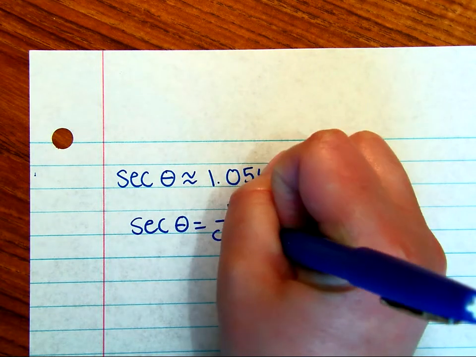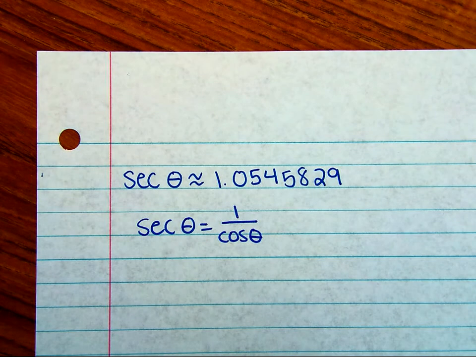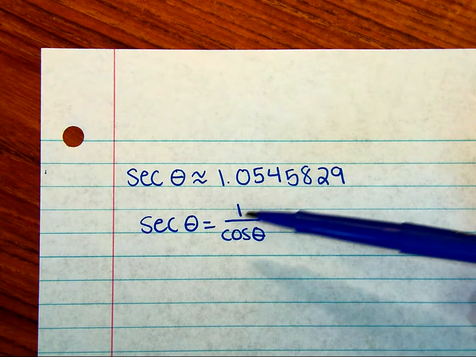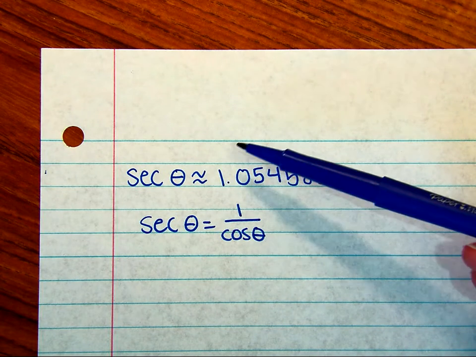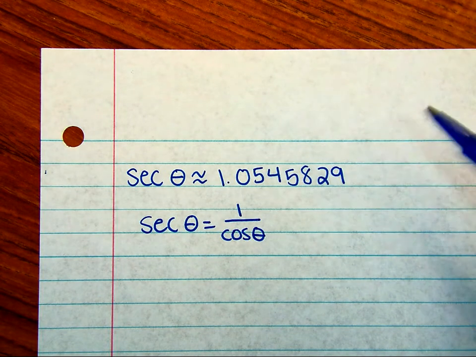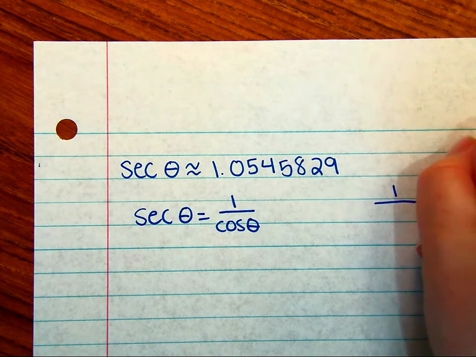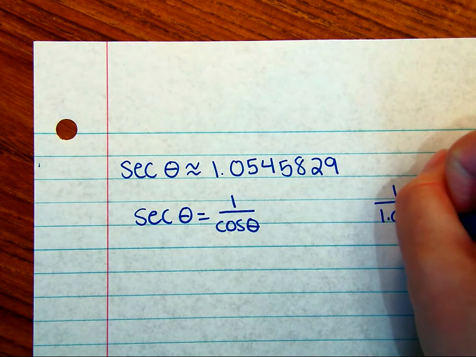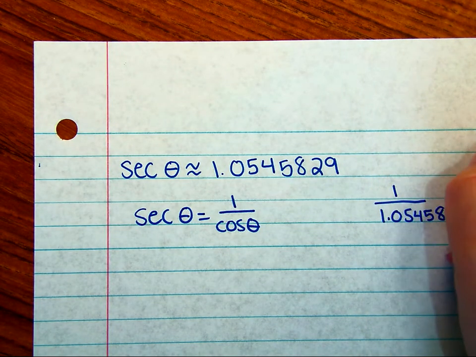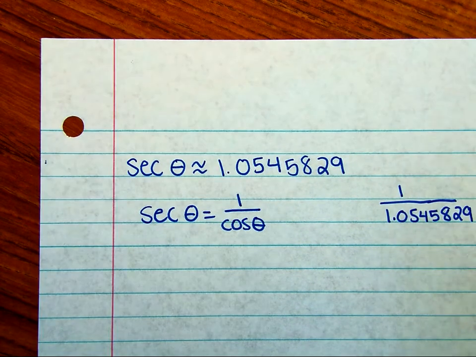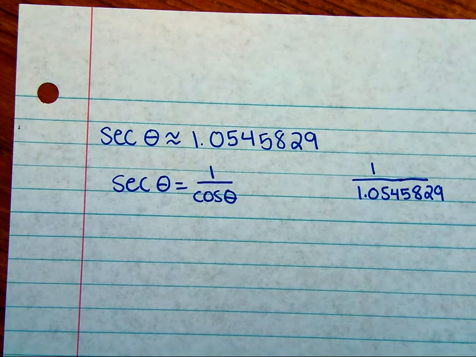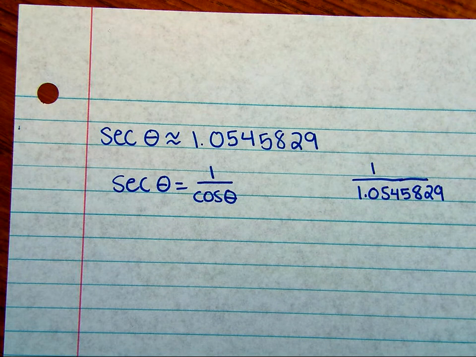All right. Now notice this is secant. So I need to do 1 divided by this number. Okay. And then I evaluate using the cosine inverse.